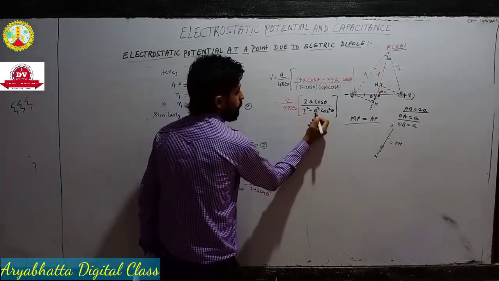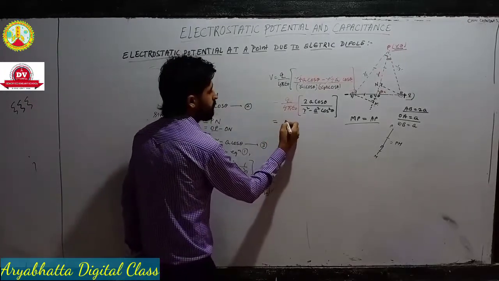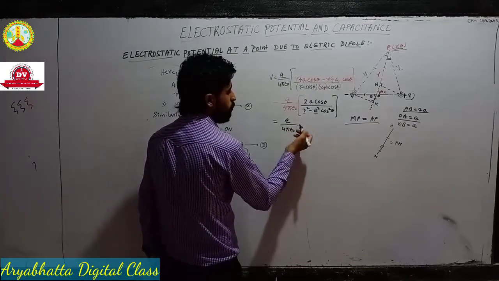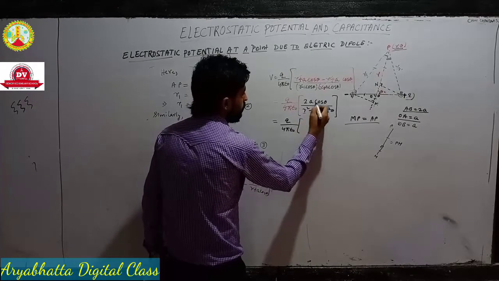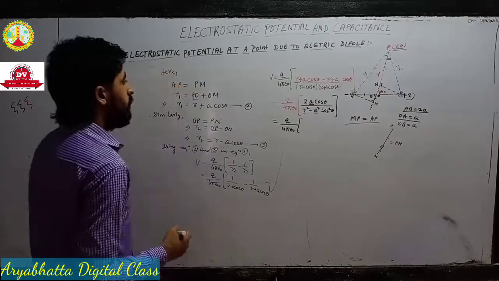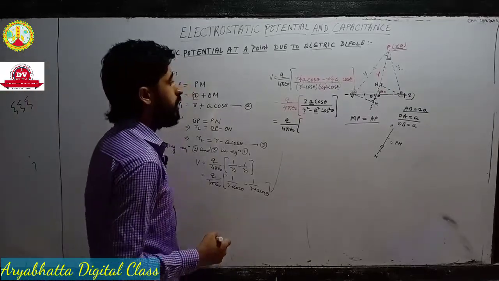Okay. Now see, if this R is very much greater than A, then what will we get? Q by 4 pi epsilon naught. Then this, as I told you, this A is very small compared to R, right?